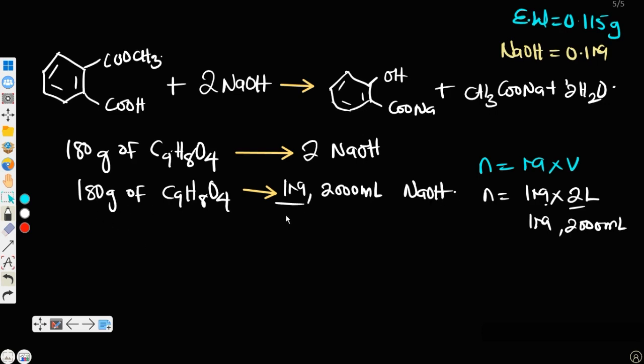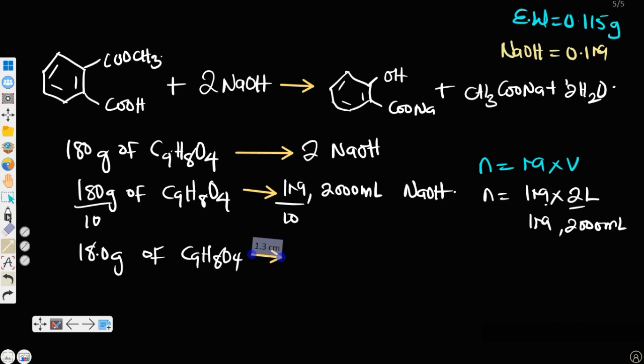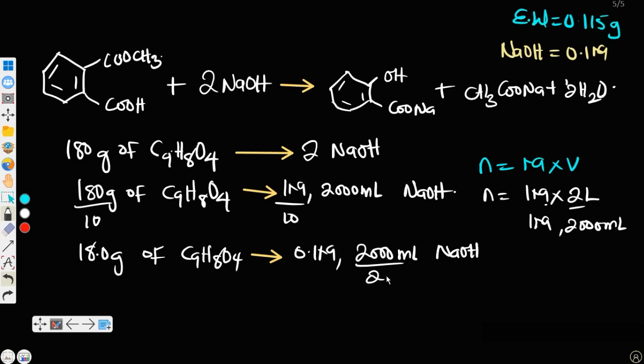Now, to get from here to this, we divide here by 10, which is 18.0 gram of C9H8O4, and we give 1 divided by 10, which is 0.1 mole, 2000 milliliters of sodium hydroxide. To get the milli equivalent, divide both sides by 2000. We've already done this in the previous video I sent.